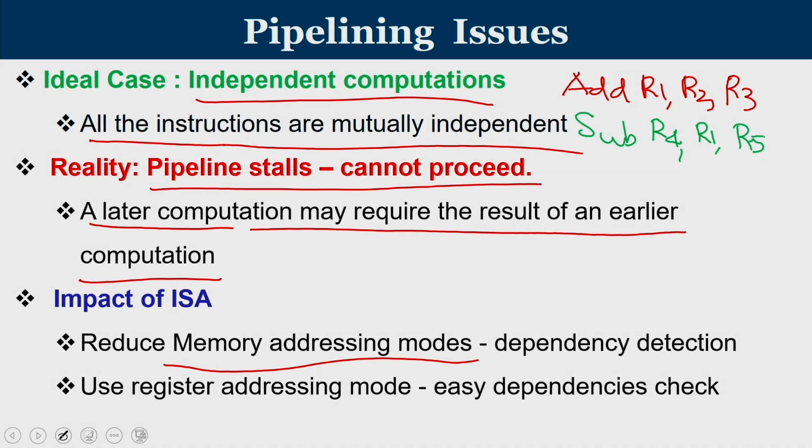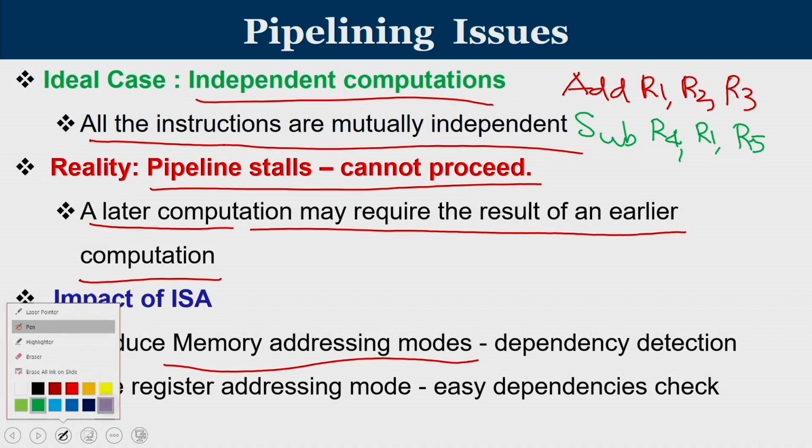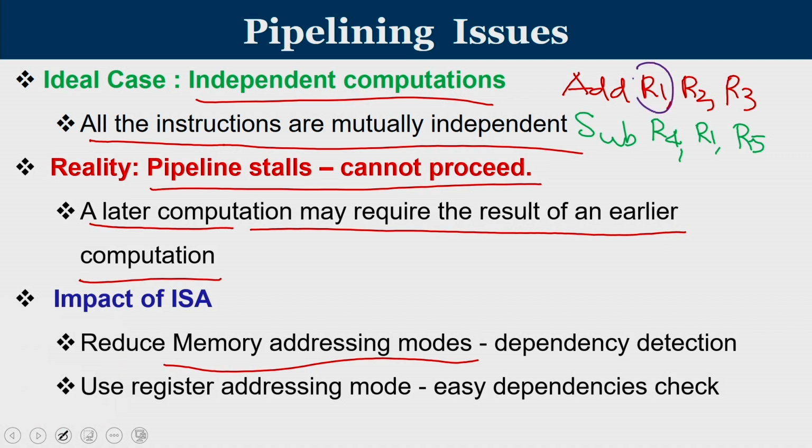As per the convention that is being used, this R1 is the place where I write the result of R2 plus R3, and here the same R1 is used as the source operand. So, the subtraction instruction is dependent on the add instruction because the result of add instruction R1 is needed for subtraction to begin operation.